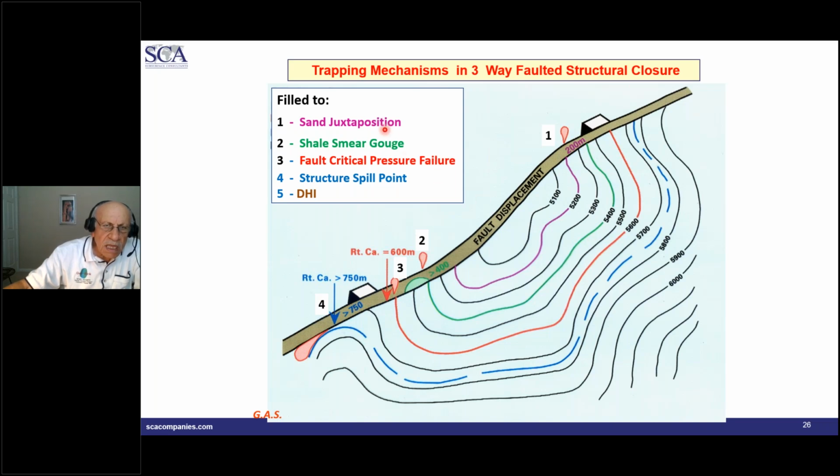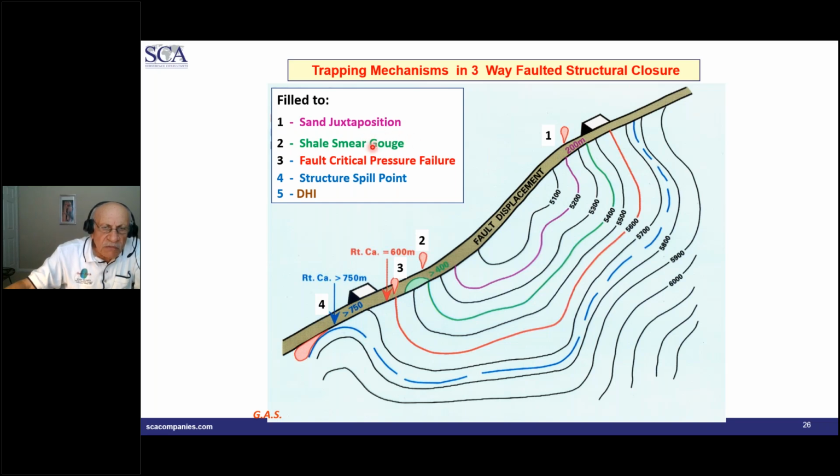the only hydrocarbon you're going to trap in this compartment is this part here, because of the thickness of the sand and the fault displacement. So you're only going to have 200 meters of hydrocarbon. If you believe that shale smear can form a seal, I'm sorry, I don't believe in it, but I put it because a lot of people think shale smear can form a seal.